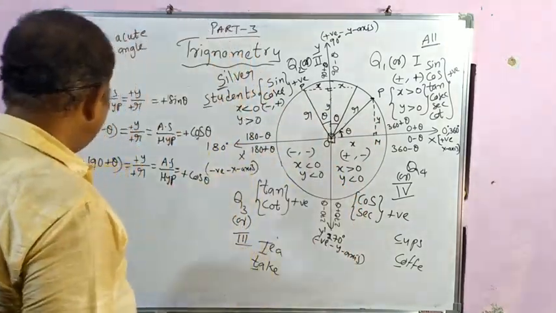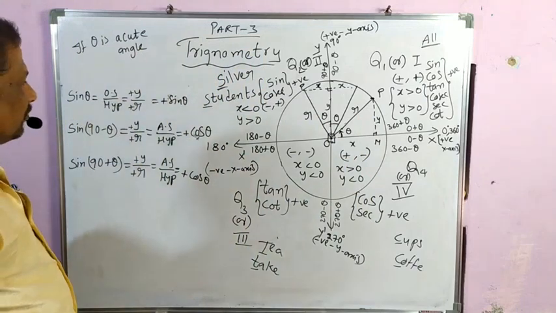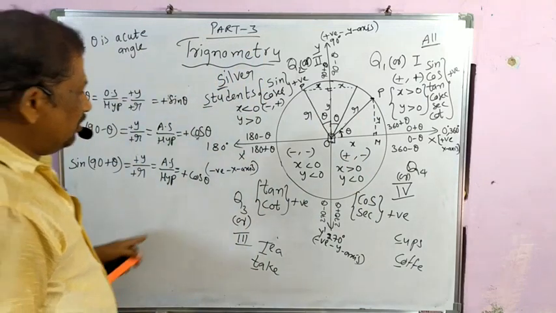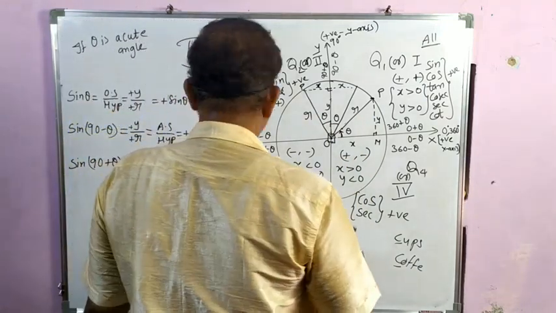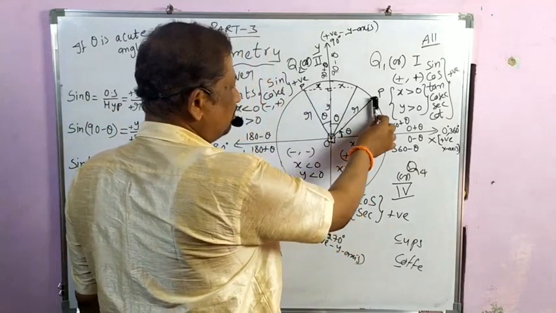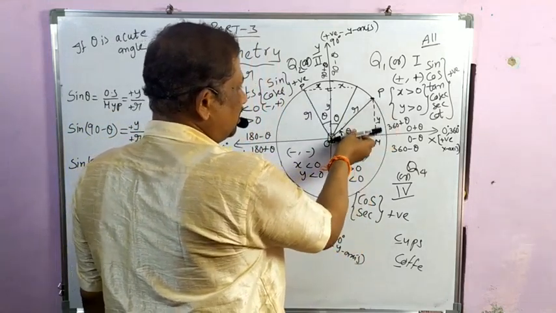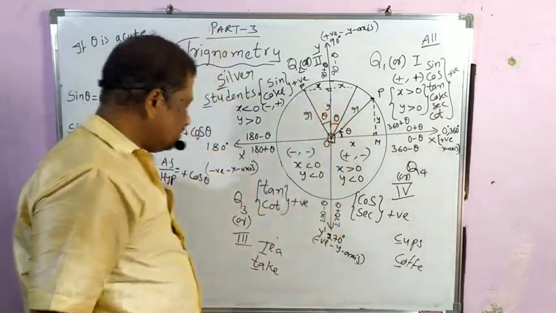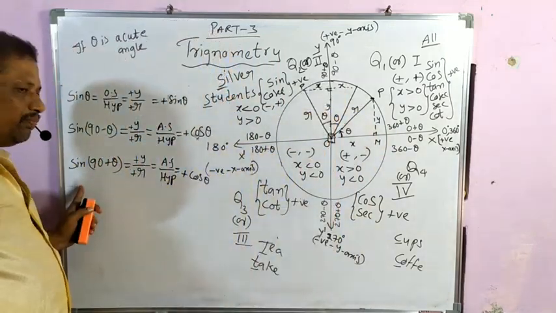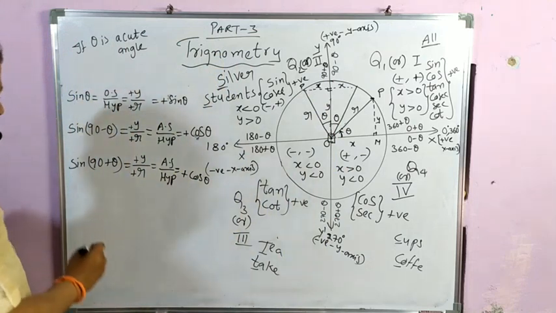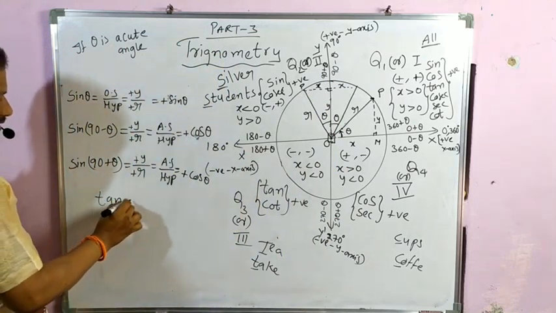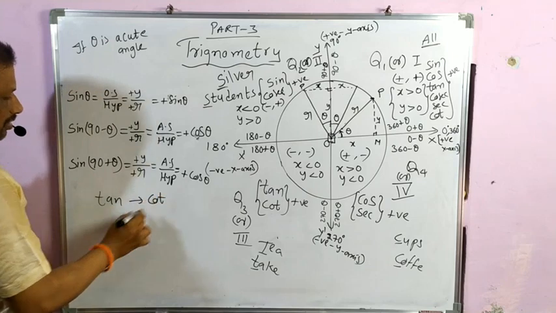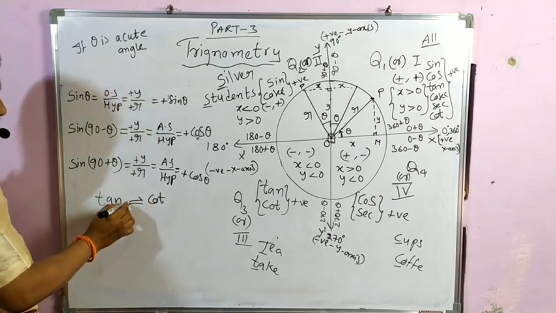So the ratio changes. Sine becomes cos, and cos becomes sine. Cos is adjacent side by hypotenuse, so this will become opposite side by hypotenuse. In the same way tan becomes cot, and cot becomes tan.